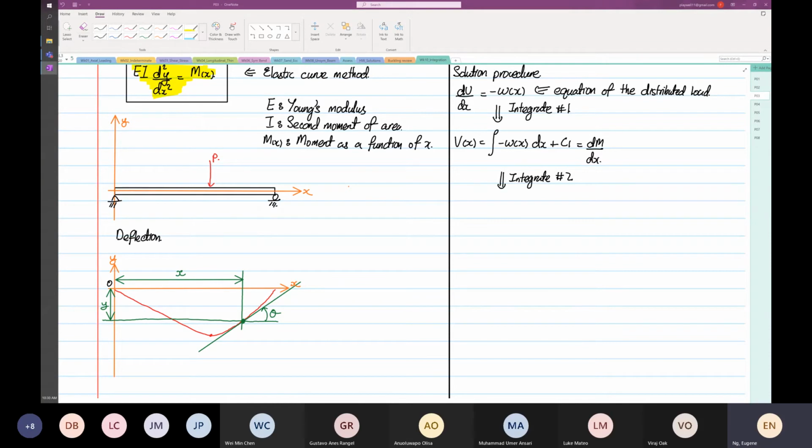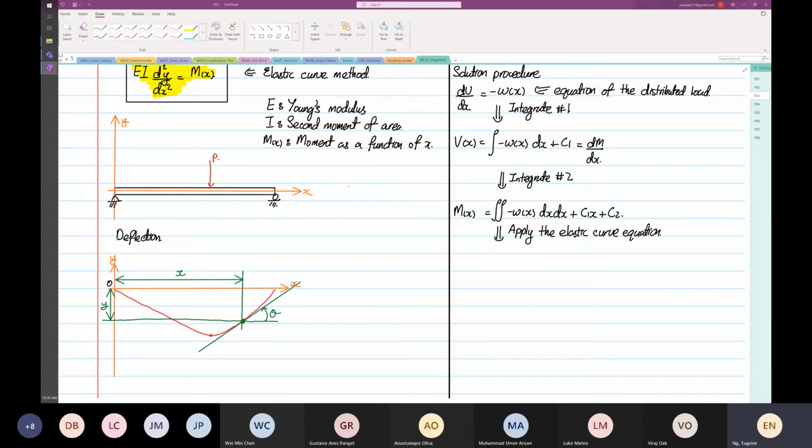So after we integrate the second time, once, twice, we now have c1x plus c2. Then from here, we apply the elastic curve equation.